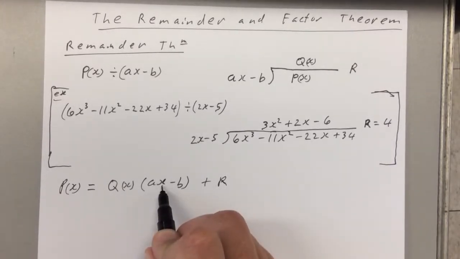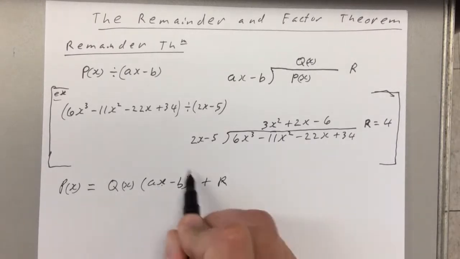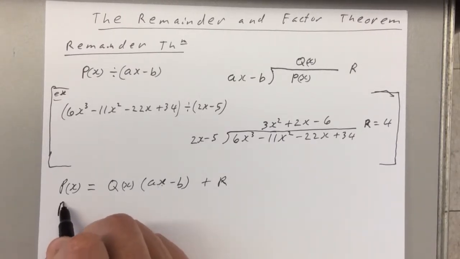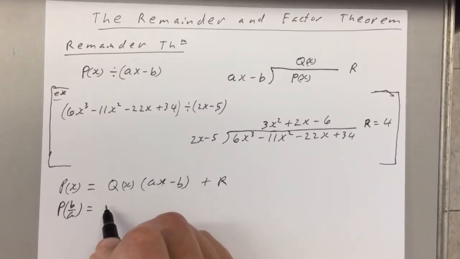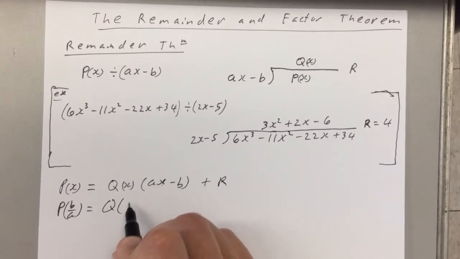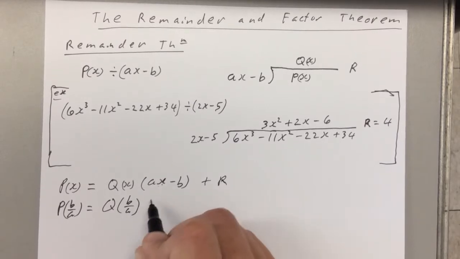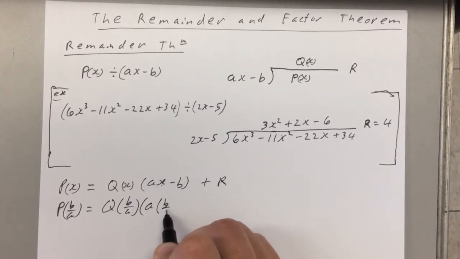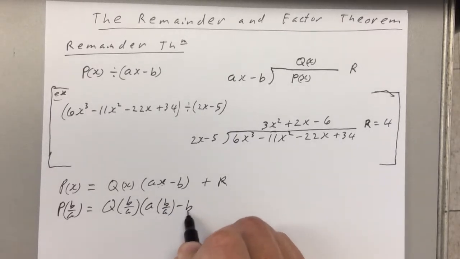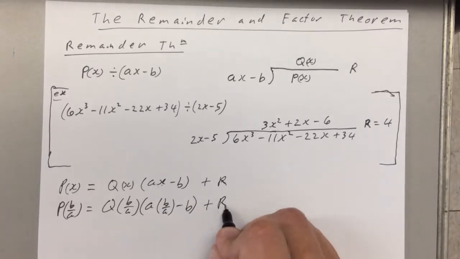If I let x equal to b over a, this part goes to 0. So p of b over a equals q of b over a, and then I'm going to put b over a in for x, plus r.